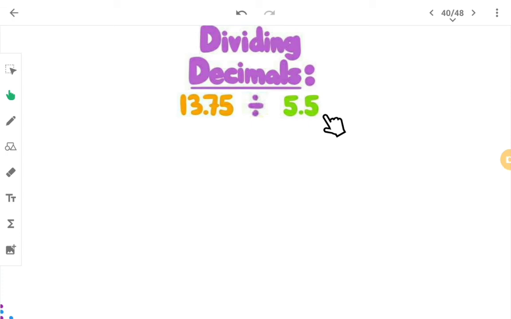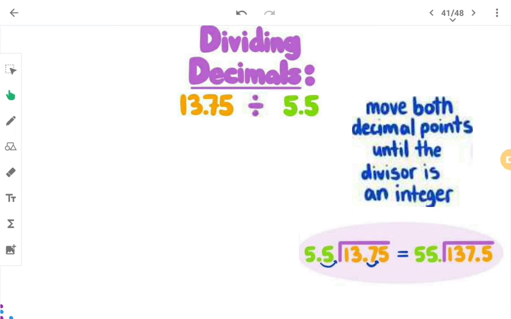So what we have to do? We are going to multiply by 10, because here I am having one decimal place. So whenever I am multiplying by 10 here, you also have to multiply here, right? If I am moving the decimal over here, I am going to move it over here also. The moving is nothing but multiplying 10 to 13.75 and also to 5.5.